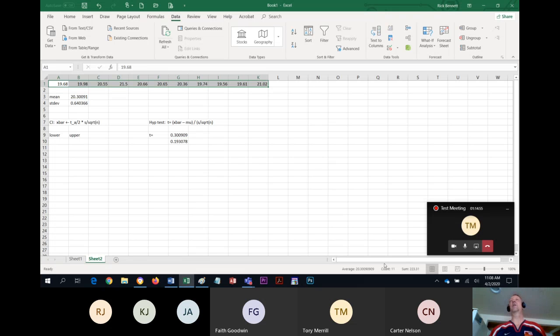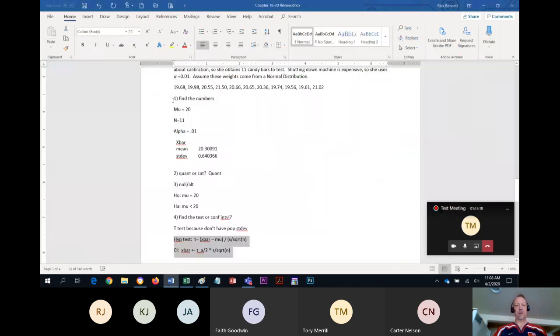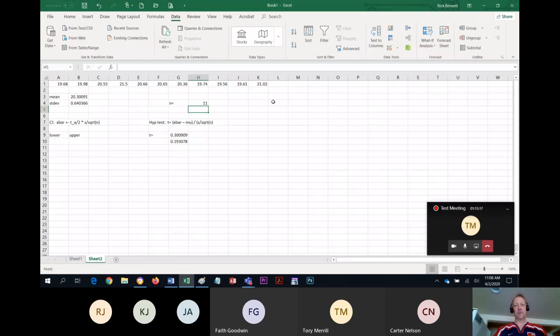Just so you know, sometimes on the test, I'll say that there's 11 and then I'll only give you 10 or something. So count whatever the data is. My n definitely was 11 in this case. Let me copy all these other numbers here. I already got those.